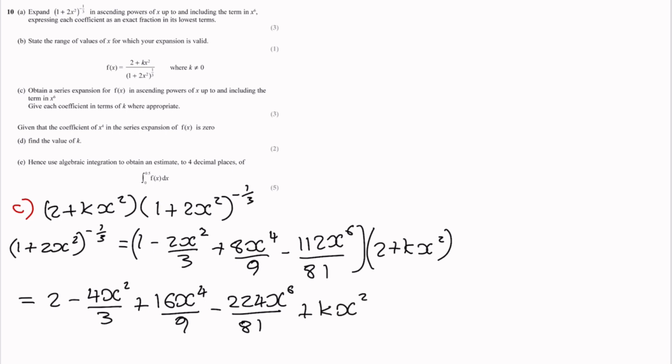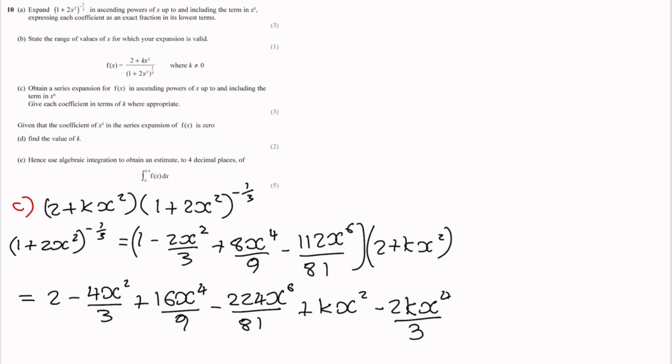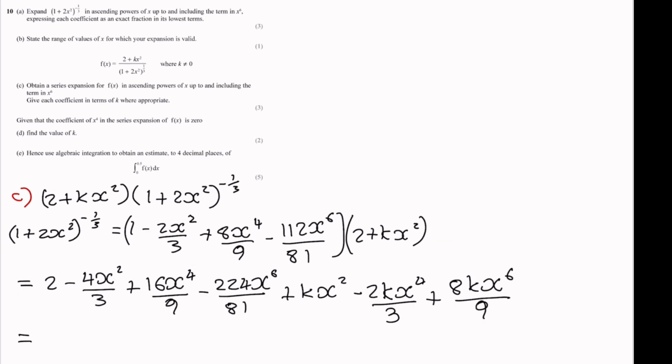plus, so it's actually going to be a minus 2k x to the power 4 over 3 plus 8k x to the power 6 all over 9. So simplify this by collecting like terms. I've got 2 plus, and let's look at the x squared terms, this one and this one.